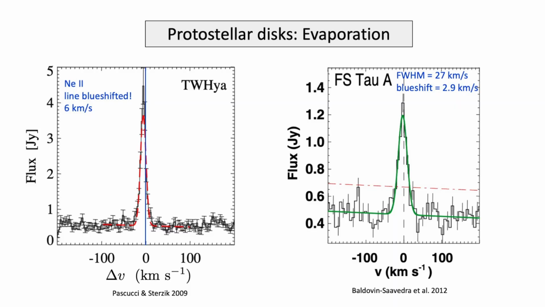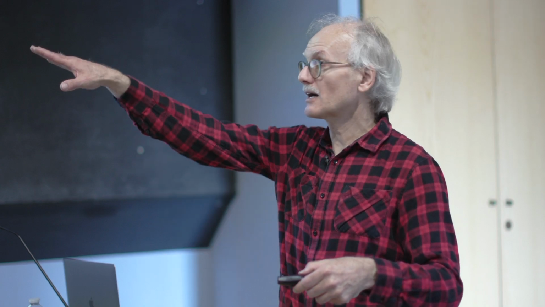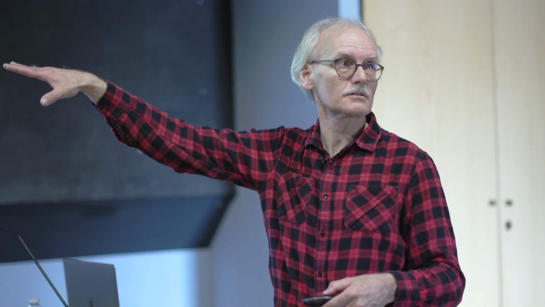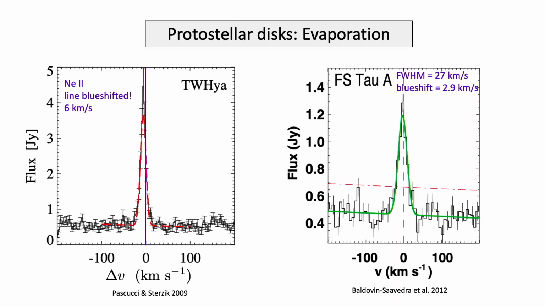Can we observe this? Yes, we can indeed. These are spectral lines of ions, of a neon ion. A neon ion can form basically only if neon is irradiated by X-rays. So it has to sit at the surface of the disk. And if you look carefully, this spectral line of neon 2 should be centered.